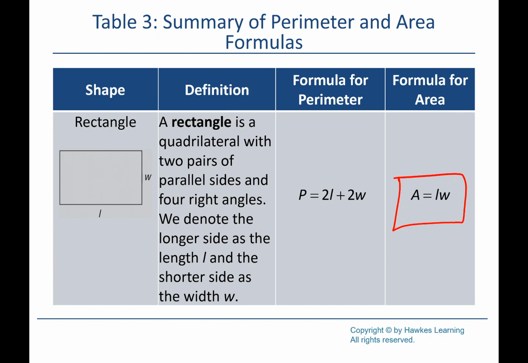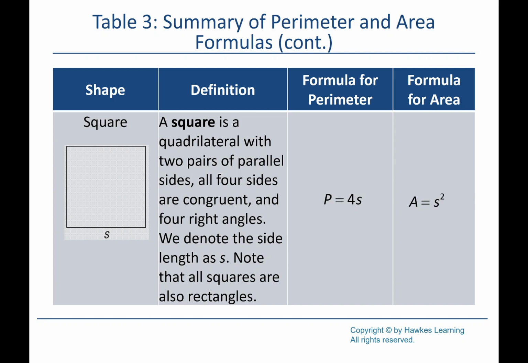If we have a special rectangle where the sides are all the same length, what's that called? Square, yeah, it's called a square. Everybody knows what a square is, Mr. Stanley. So if we have a square, we can simplify our formula a little bit. But you really don't have to think about this one too much because you can still treat this like a rectangle.